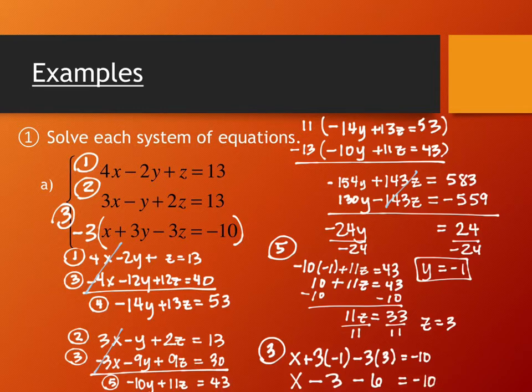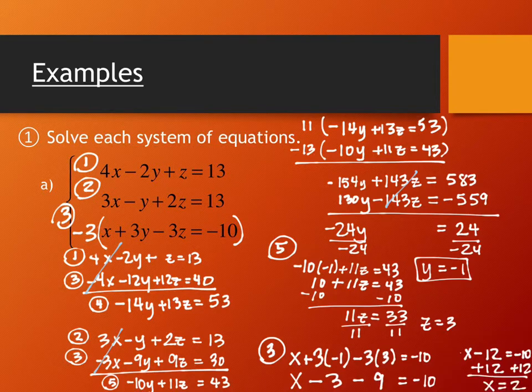Not 6, 9. Oh, you're right. I'm so sorry. Moving too fast. Minus 9. What's negative 3 and negative 9? So I have x minus 12 equals negative 10. If I add my 12, what will x equal? 2. X is 2. Okay?